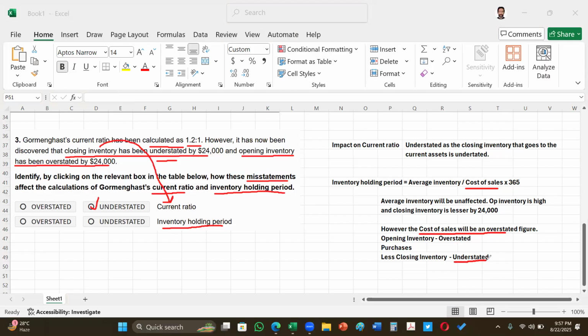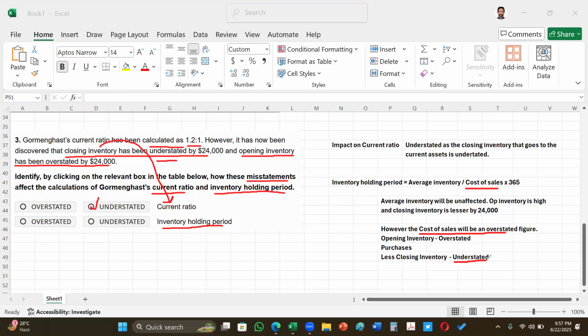Yeah. Excellent. So what happens is you lead to a higher cost of sales figure, and that is going to lead to the overstated opening inventory and understated closing inventory.